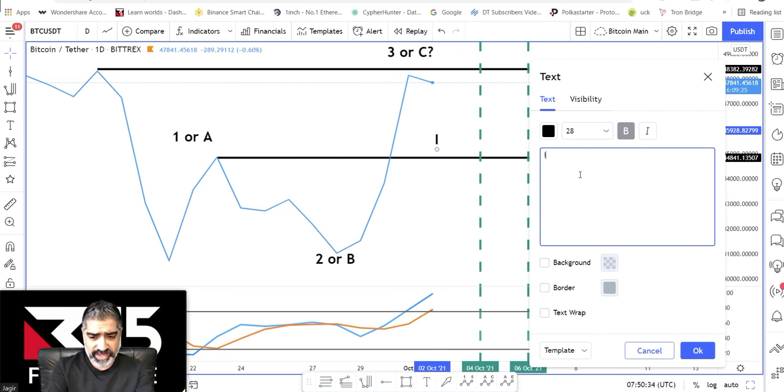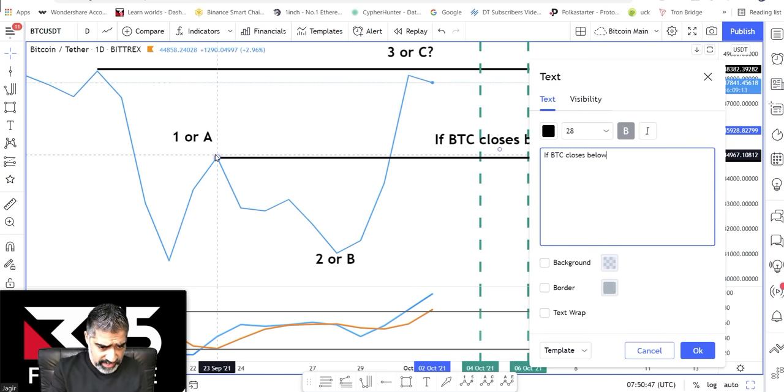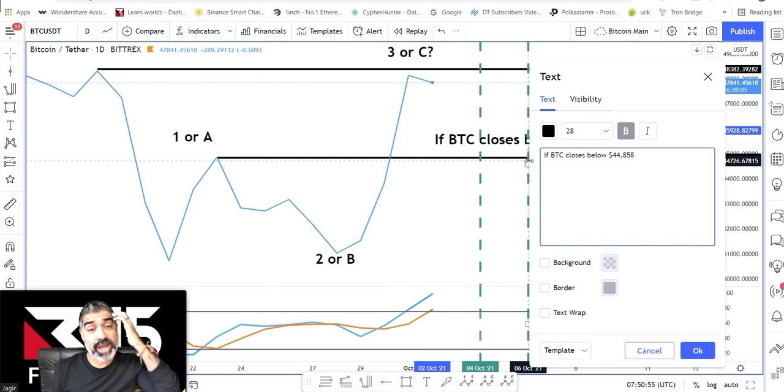So it's really saying if Bitcoin, BTC, closes, let's say, below this price, the price is 44858, below 44858. Another common question that I used to get was, Gia, why do you use dollars all the time?